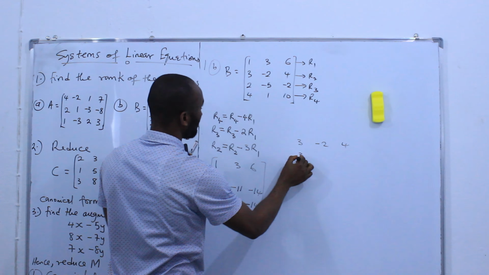All right, so let's subtract that. 3 minus 3 is 0. Minus 2 minus 9 is minus 11. 4 minus 18 is minus 14. Wow, so what do we have here?